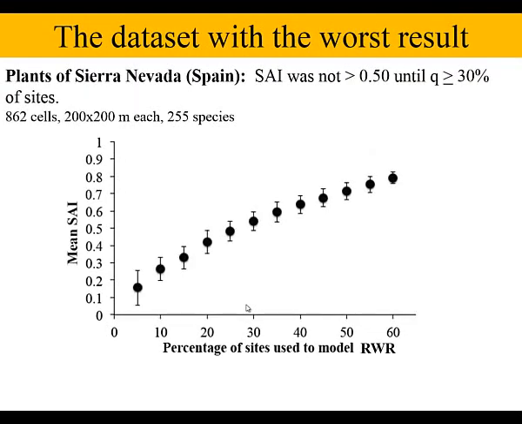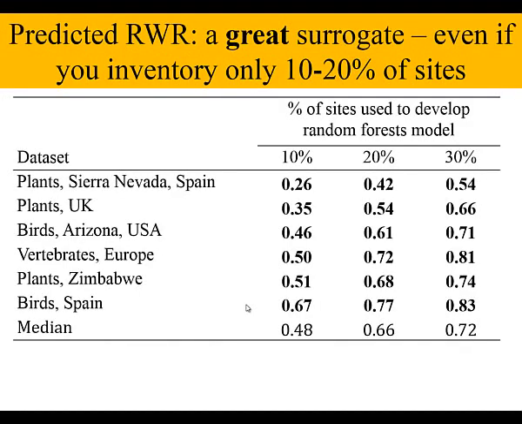Here's the worst result. It was plants of the Sierra Nevada of southern Spain. In this case, when we're down at 5%, we're only about 15% effective. But SAI exceeded 50% not until you got to survey of 30% of the sites. So that was our worst result. Here's summarizing across our 6 data sets.